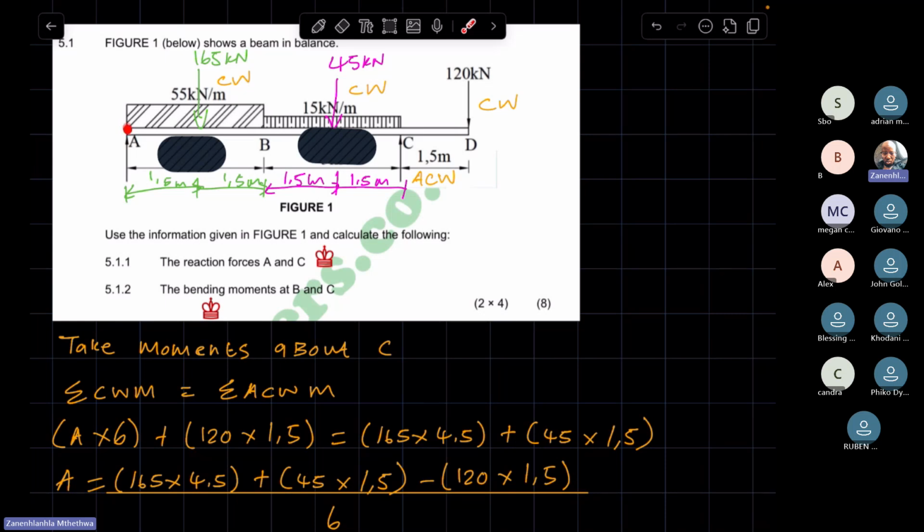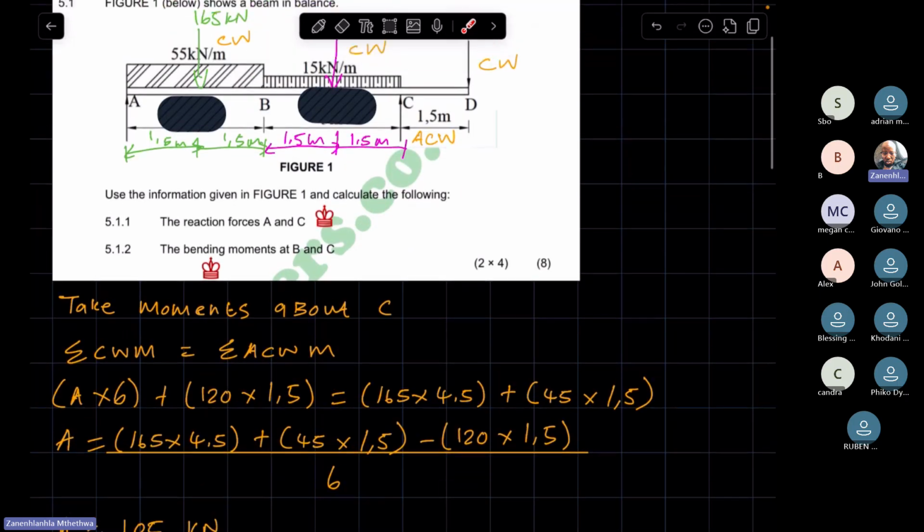This is the start and that's the end of the beam. You have your reaction here, you have your reaction there, that is labeled. This one starts here, ends there, both points are labeled. So we have all our critical points labeled.